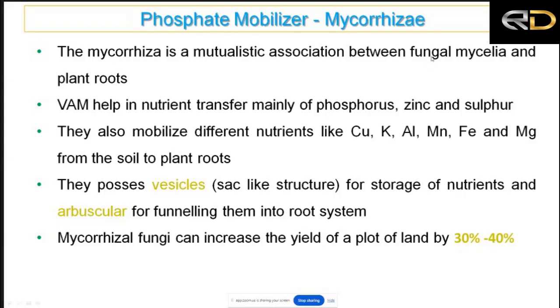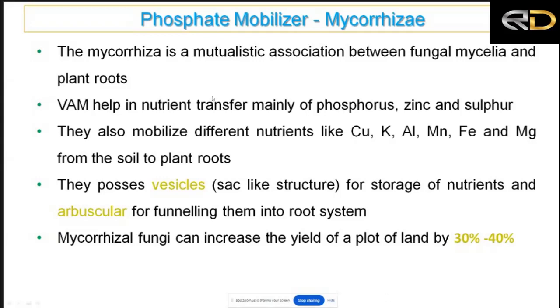Here, this is a mutualistic association where fungal mycelia and plant roots make the association. The fungus associates with the roots of higher plants, extends the roots, searches for the immobile phosphorus present far away, takes it up and brings it to the host, and it becomes available to the plants. So this mobilizer is also one of the important biofertilizer aspects which we can use in organic farming.